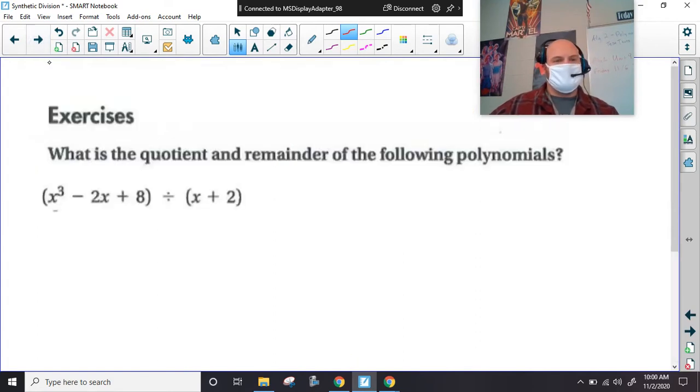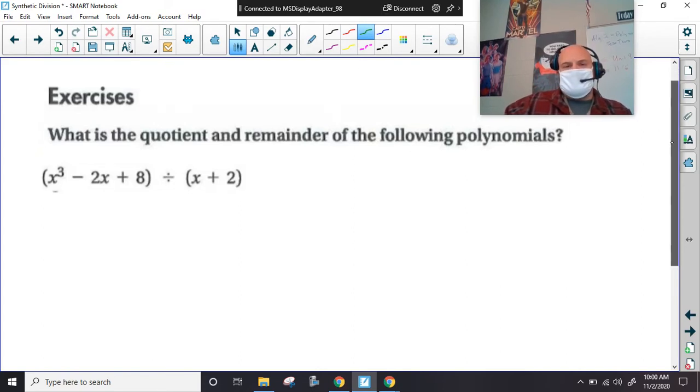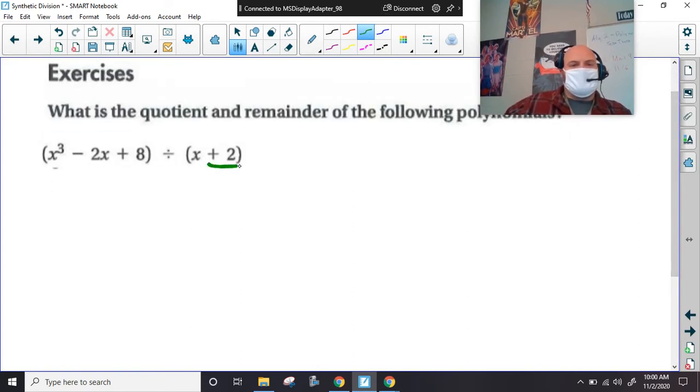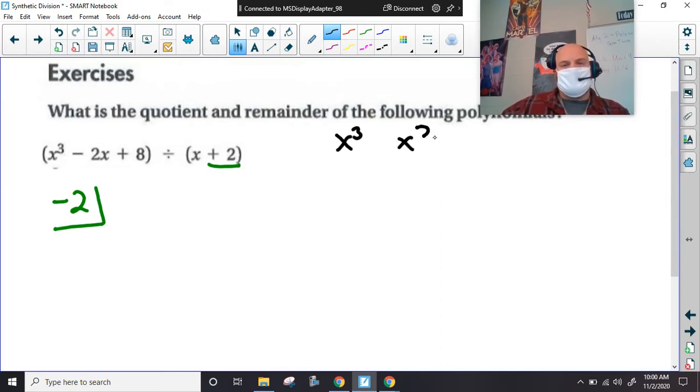Let's look here at number 1. Okay. So first thing I'm going to do on number 1, this is a +2. All right, so I'm going to write -2 right here in my little timeout box. Okay. Now, normally we would have a polynomial that would go like this: x³, something x², x, and then a number.